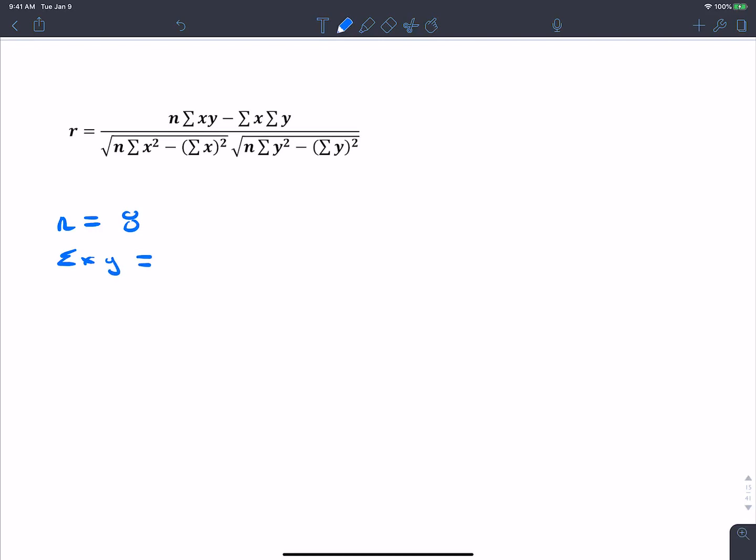Good. What's the sum x squared value? 2221. Okay. Sum y squared? 1023. Okay, good.